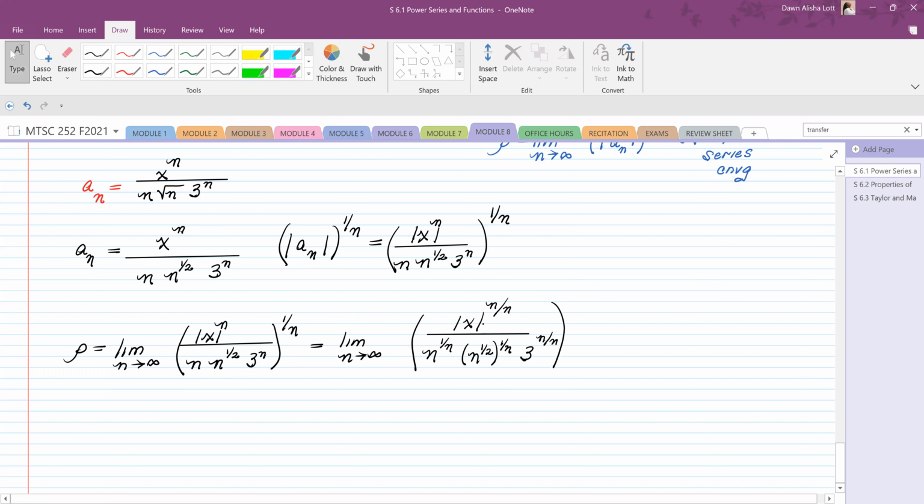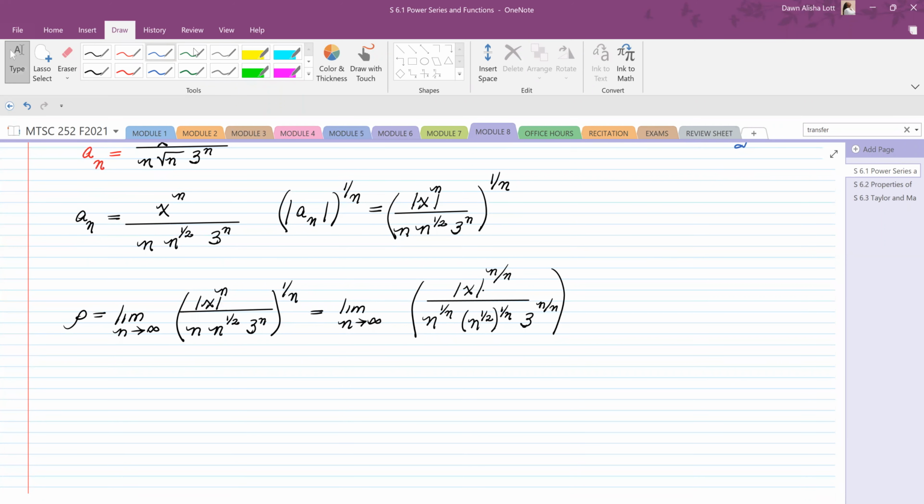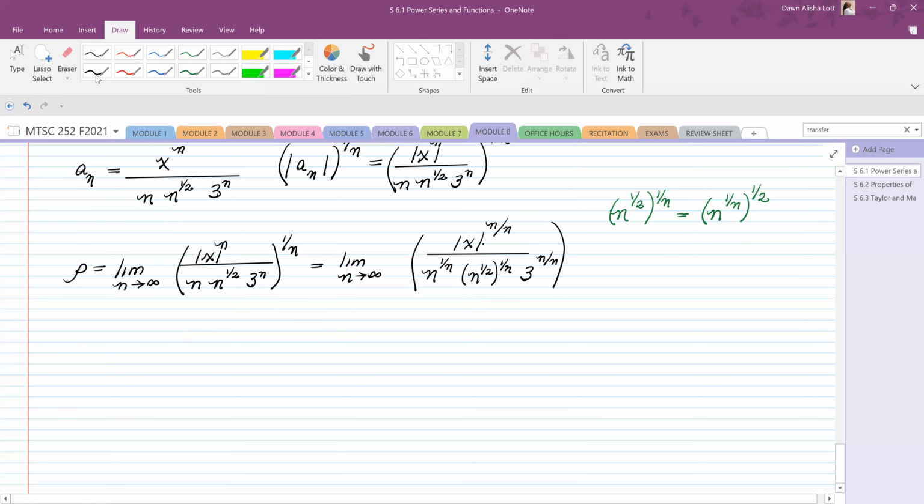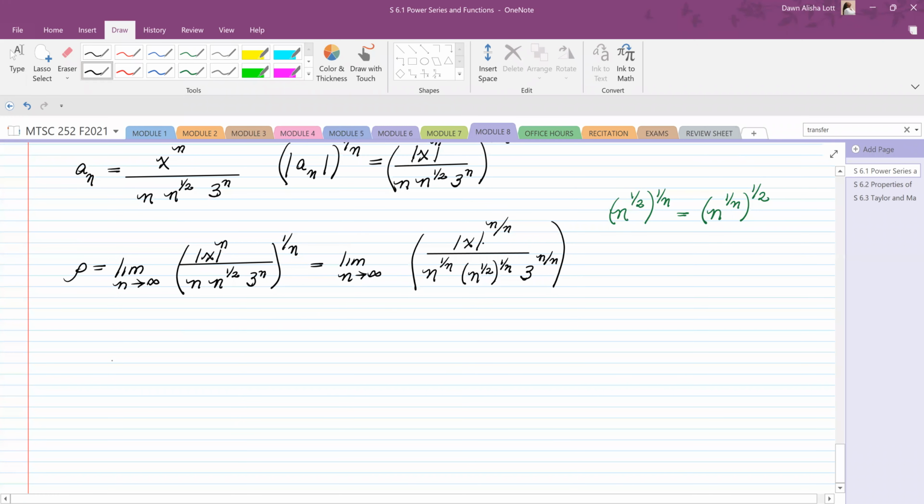Now let's just realize on the side that n to the 1/2 to the 1 over n is the same as n to the 1 over n to the 1/2 power. So this is the limit as n approaches infinity. In the numerator, I get the absolute value of x.